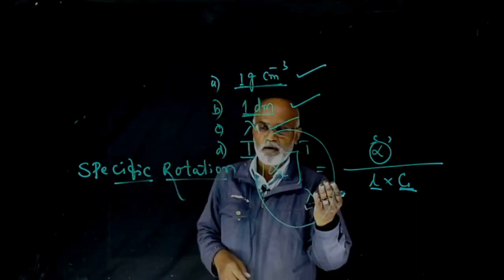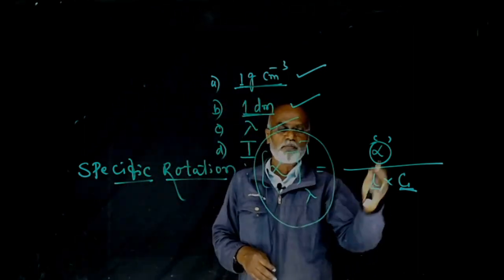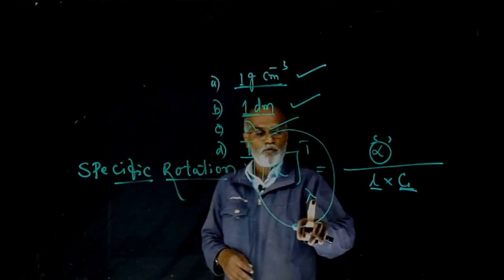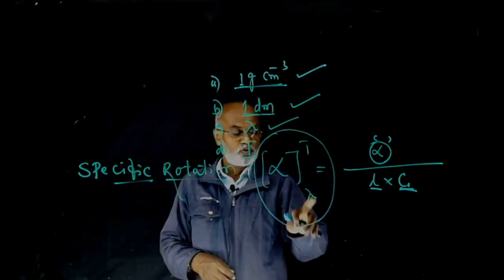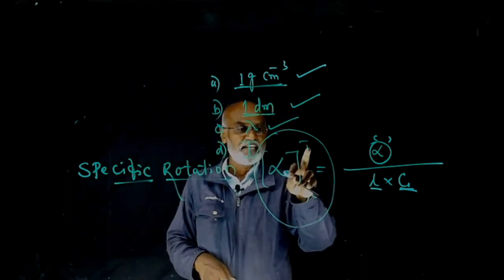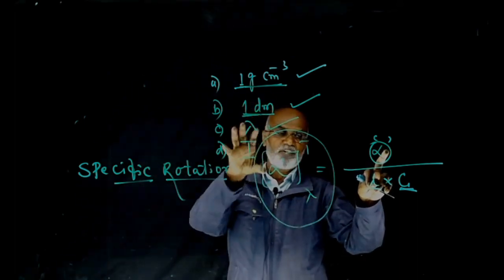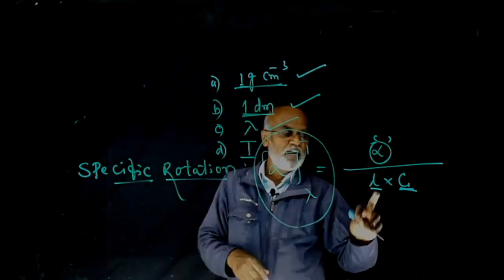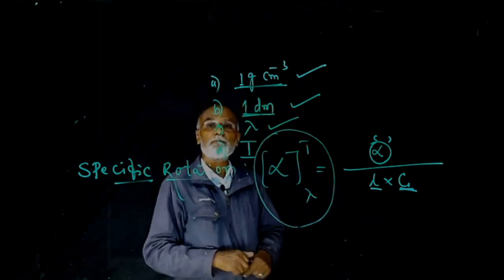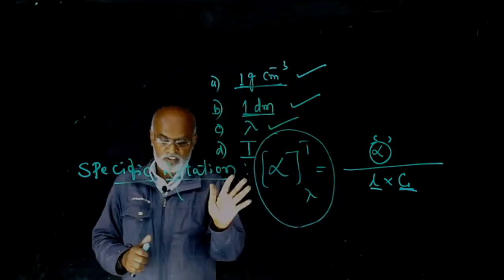In a mathematical manner, the specific rotation is given by alpha divided by L into C, where lambda is the wavelength of the plane polarized light, T is the temperature, alpha is the angle of rotation observed at the time of doing the experiment, L is the length of the solution, and C is the concentration of the solution. I hope the specific rotation is clear.